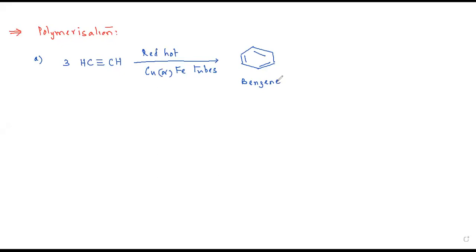So this cyclic polymerization can be shown this way. Let me take the 3 molecules of acetylene in an amicable way.